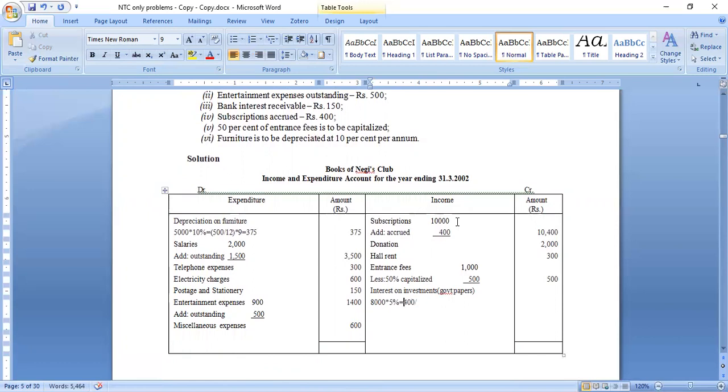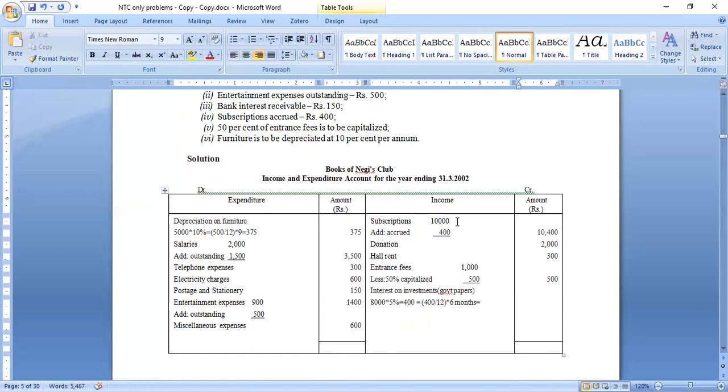For how many months do we have to calculate? Into 6 months only, because every 6 months they calculate the interest amount and credit it to your account.